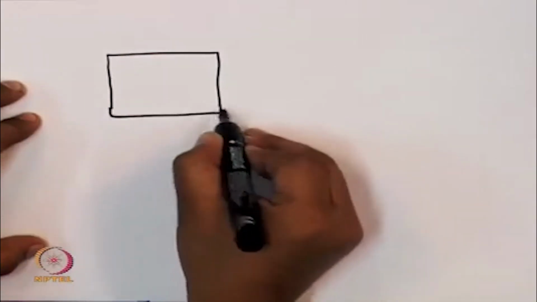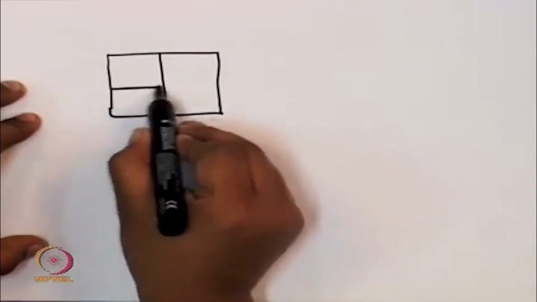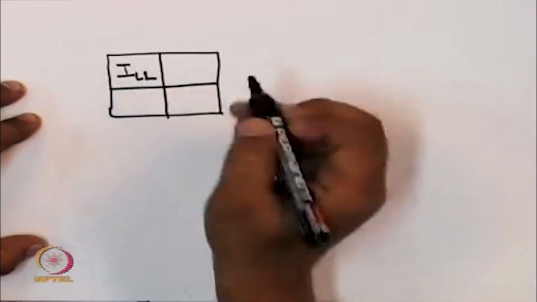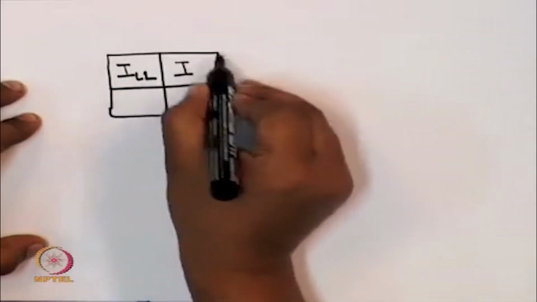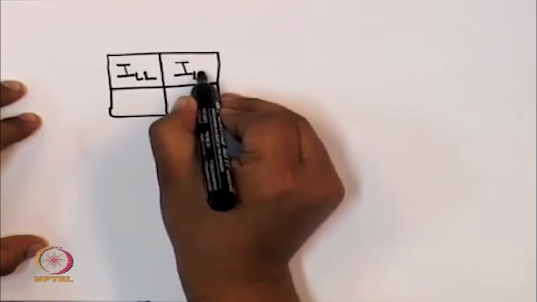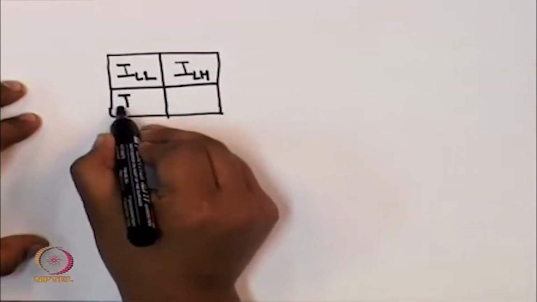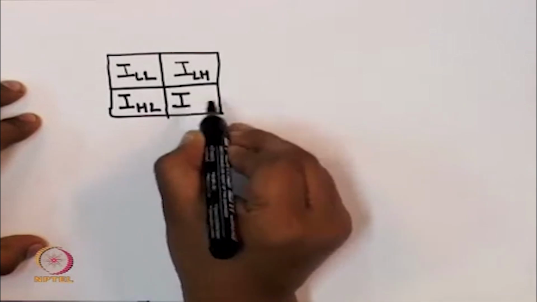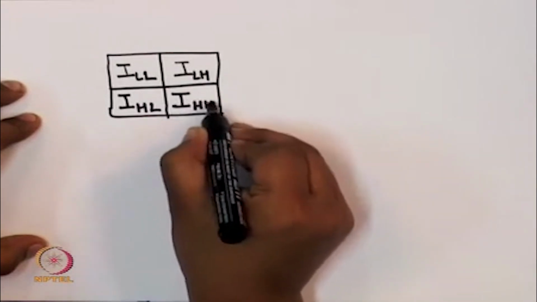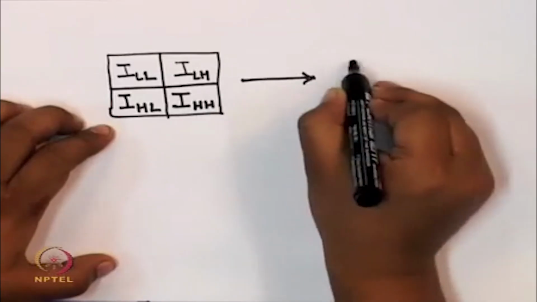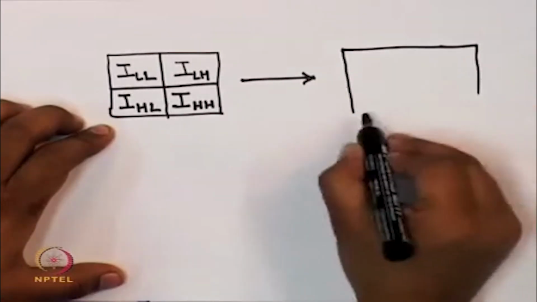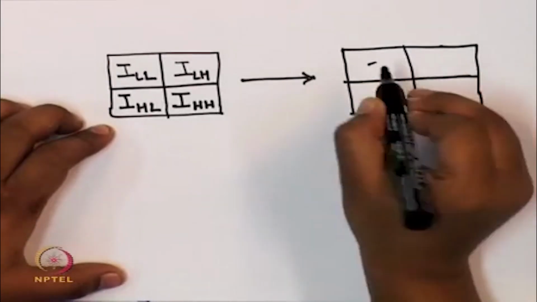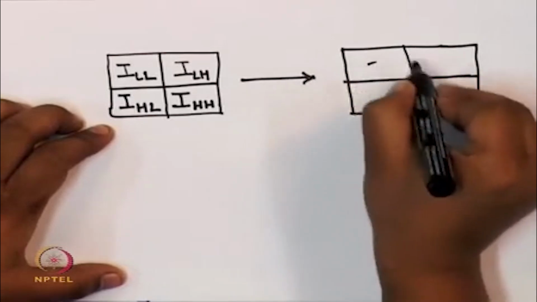Pictorially, this can be represented as follows. This is our output that we have got as I_LL. This is the subband where our output I_LH will occur, this is the subband where the output I_HL will occur, and this is the subband where the output I_HH will occur.